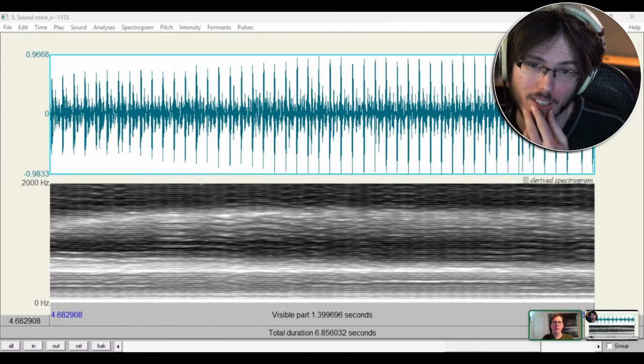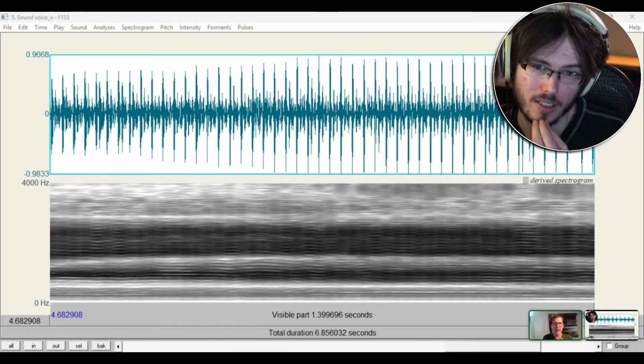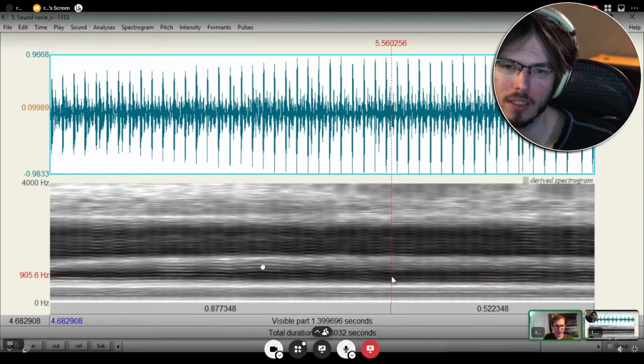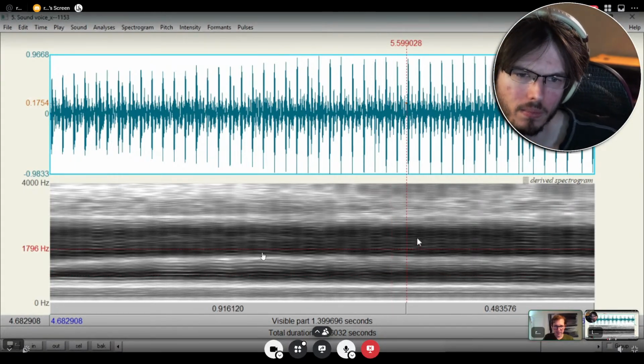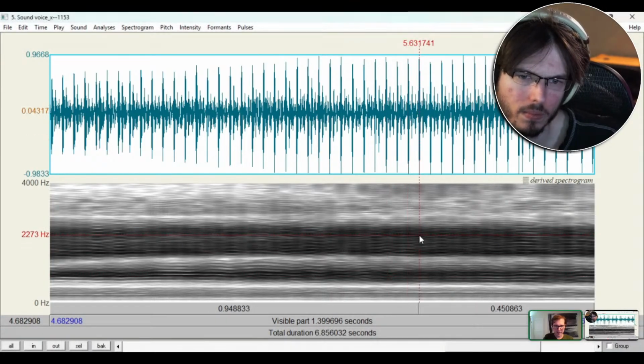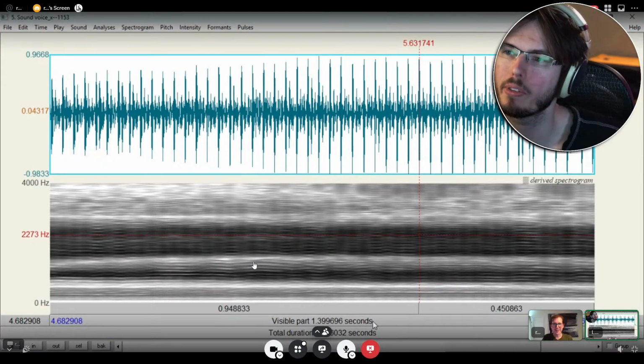There's plenty of energy. Let's do 4. Okay. So there's plenty of energy happening throughout here. I would say this is the first formant, second formant, third formant. This looks to me like it's going to be something like an ah. It's an owl with the mouth closed, sounds like, right?